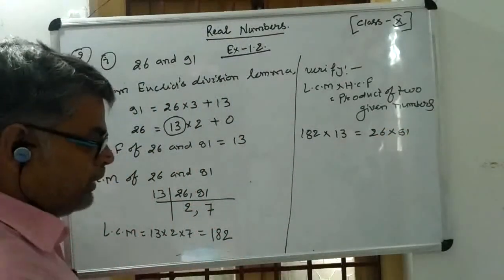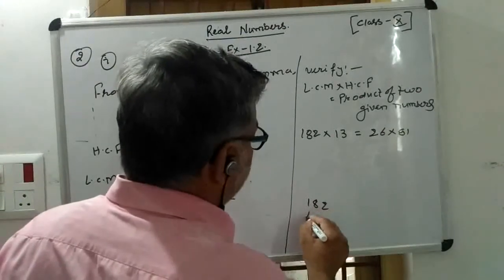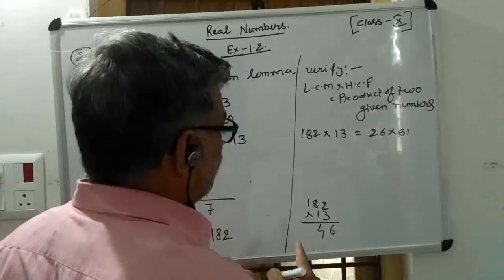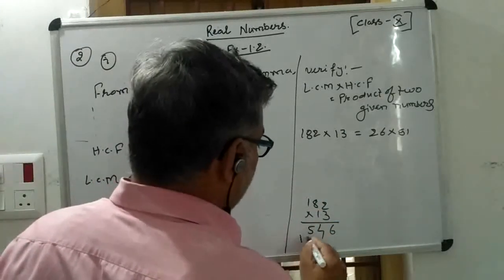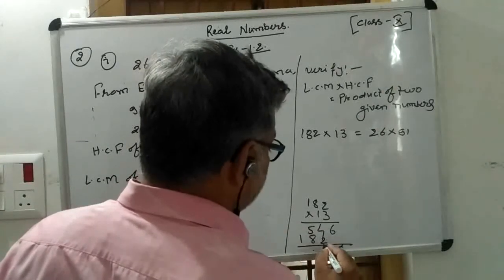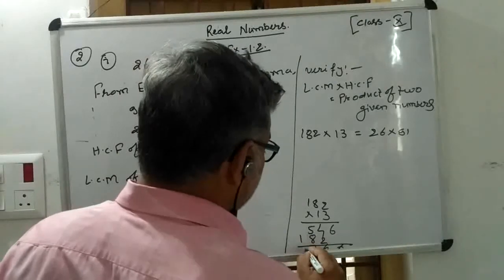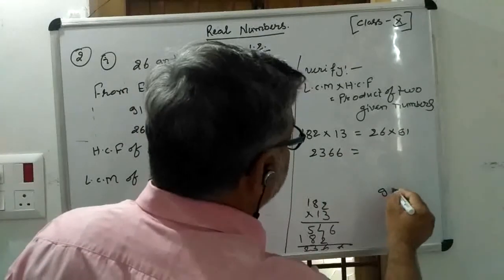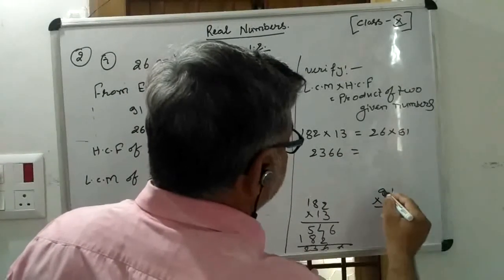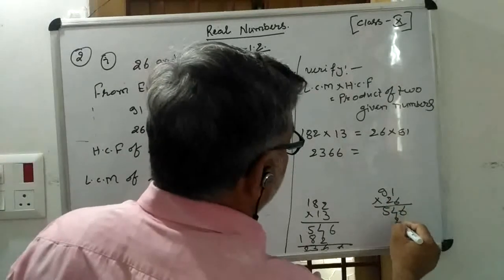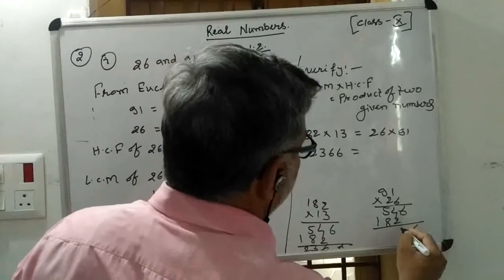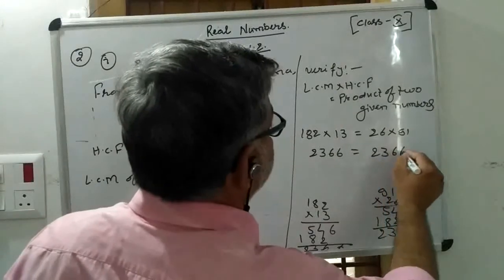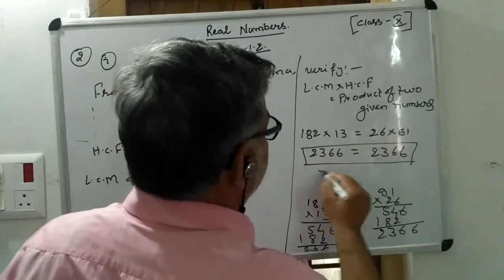When you multiply 182 by 13, you get 2366, and when you multiply 91 into 26, you also get 2366. Thus our result is verified.